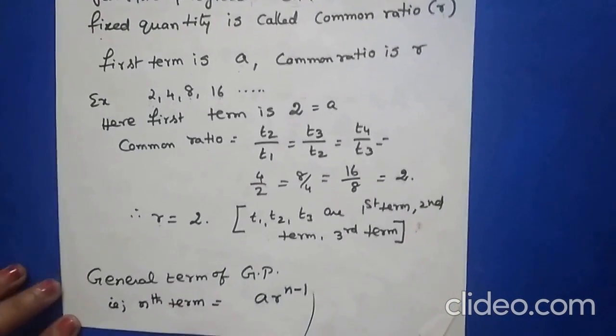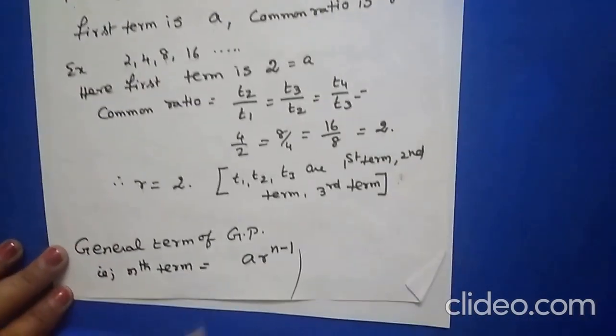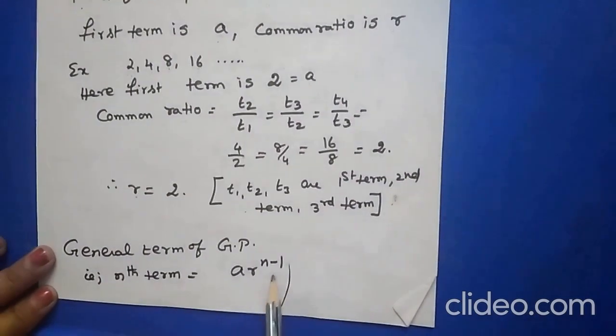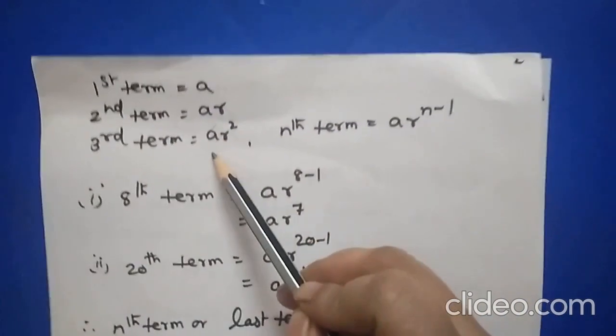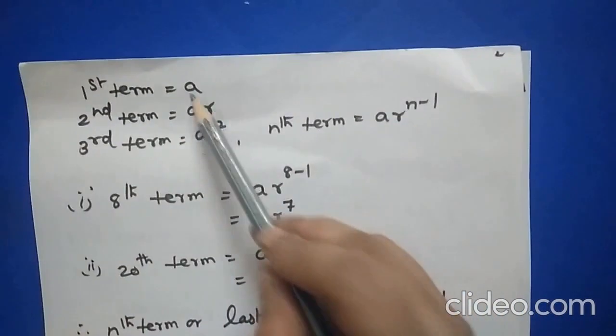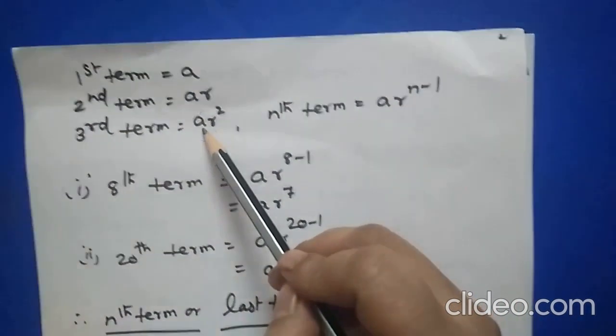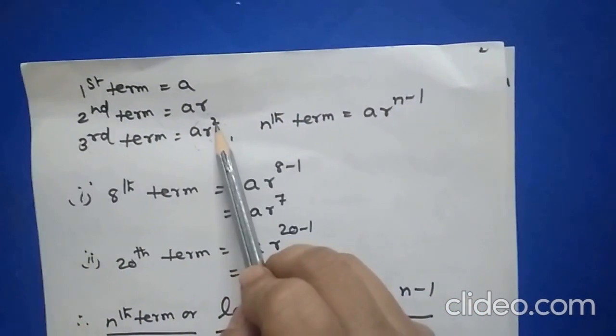The general term of GP, that is the nth term, is A r power n minus 1. So now come to the first term is A, second term is AR, third term is AR squared. First term A, you are multiplying by the ratio, AR. Another time you are multiplying, you are getting AR squared. Third term, the power is 2.